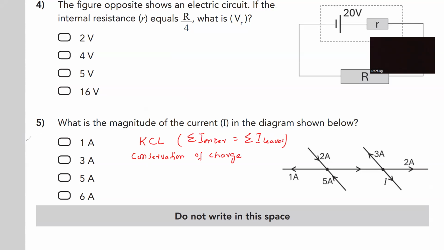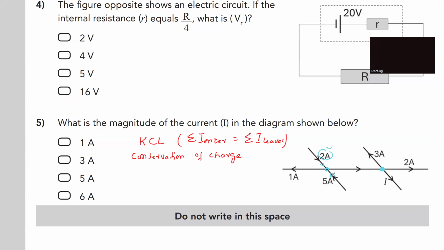Now look at this diagram very carefully. First of all, we have to identify the nodes. This is one node and this is the second node. We see that current 2 ampere enters the node.